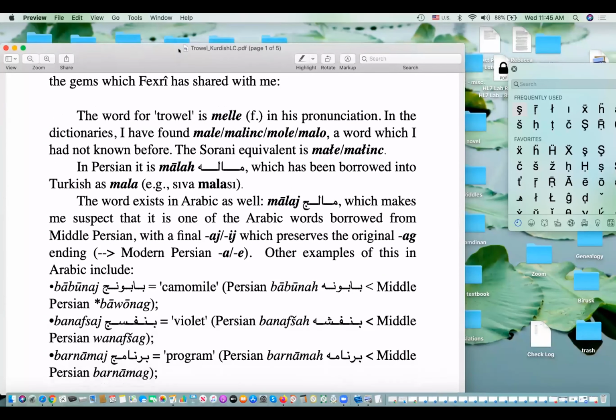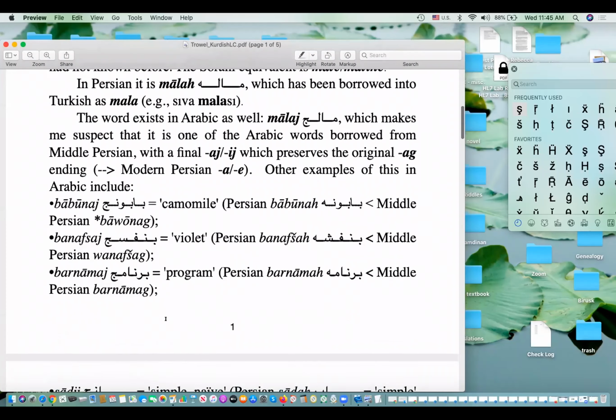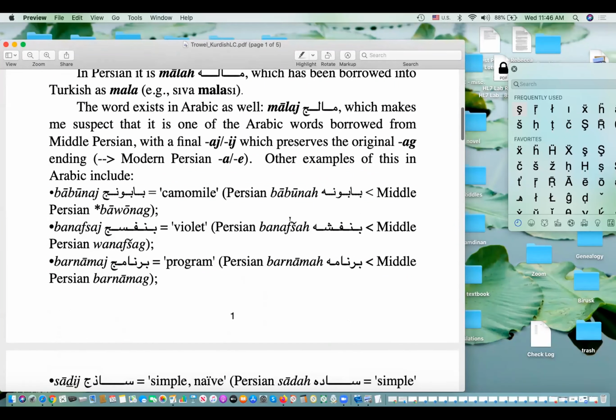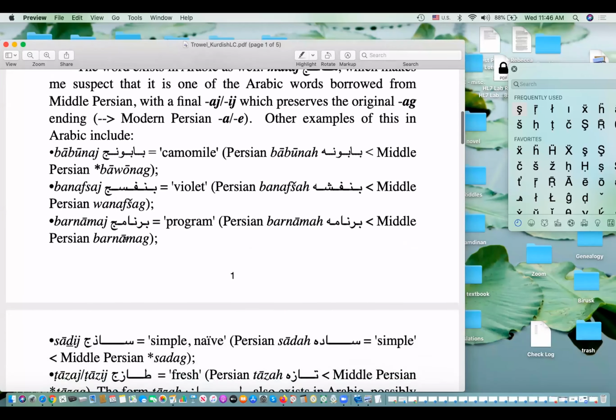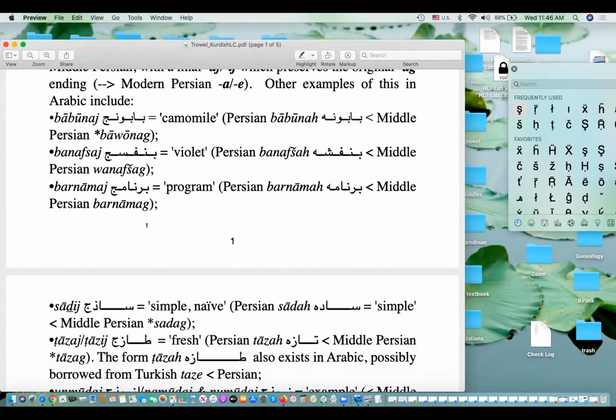Other examples of that are words such as babunaj in Arabic, Persian babuna, from Middle Persian bawonag; banafsaj, Persian banafsheh, Middle Persian wanafshag; barnamaj, program, Persian barnameh, from Middle Persian barnamag, which is probably a calque on the Greek word programa. Pro, bar, and grama, namag.